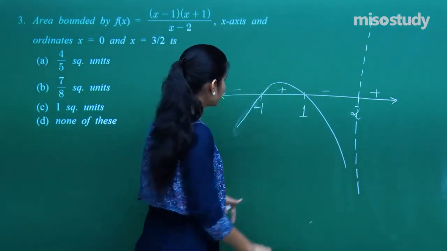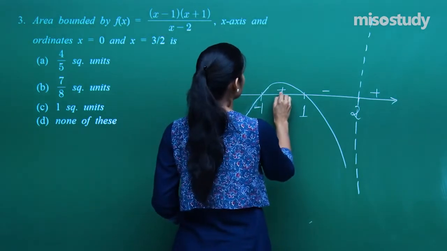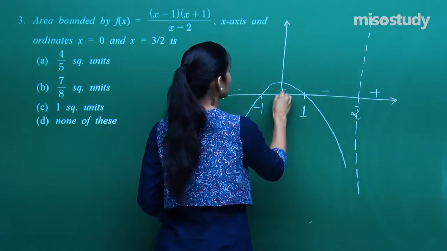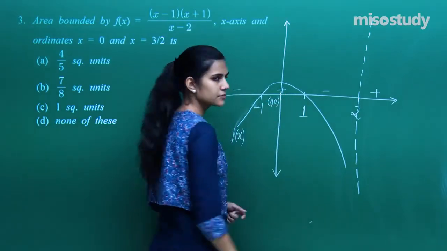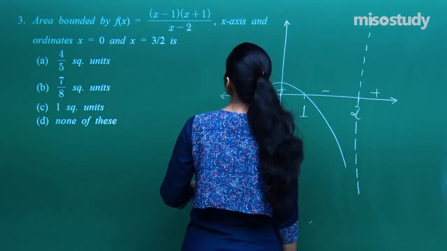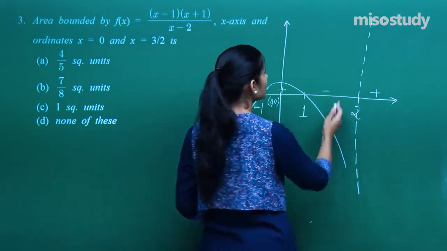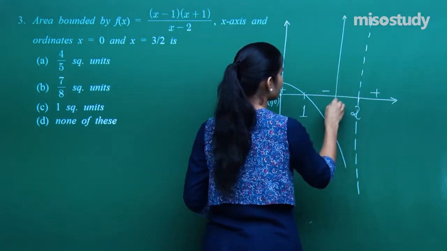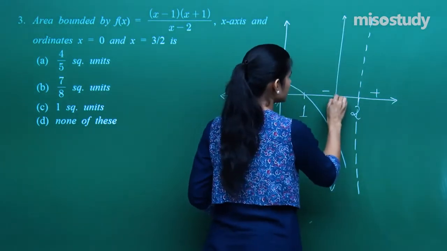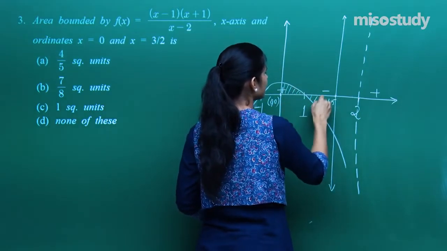The moment you've decoded this graph of f, somewhere here is your origin. I want to talk about x equals 0, that is the y-axis, the x-axis, and x equals 3 by 2 would be somewhere here. That's 1.5. I want to talk about this area.